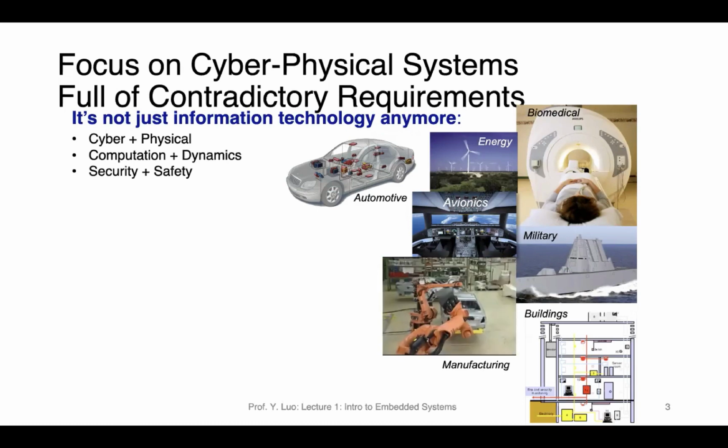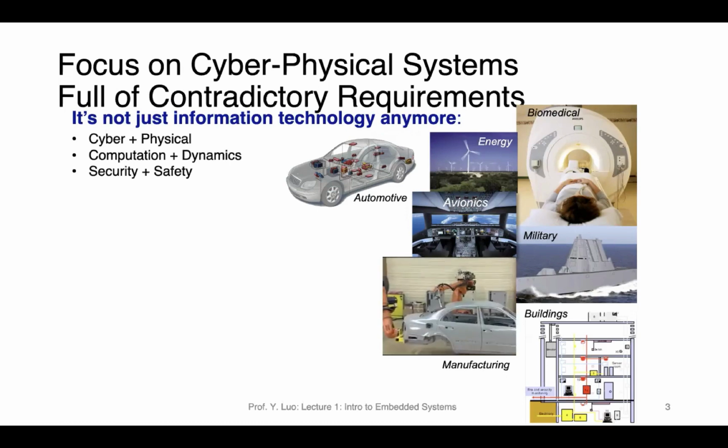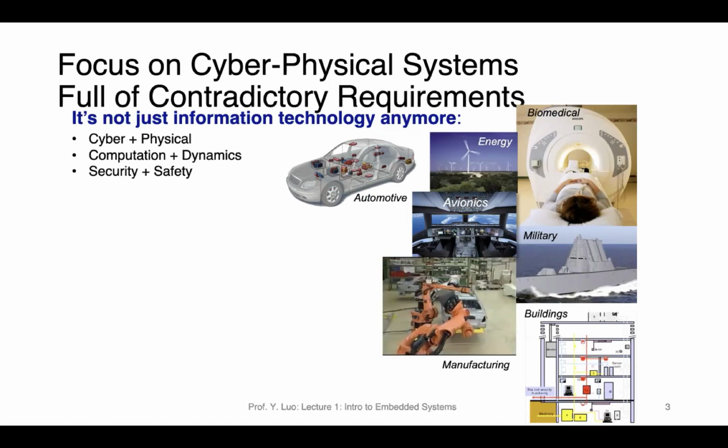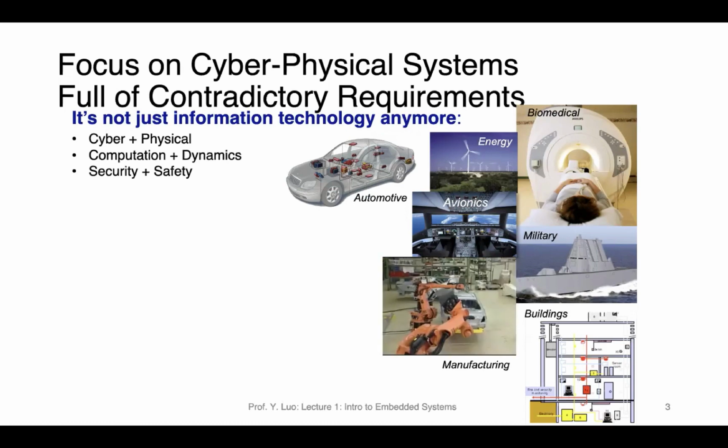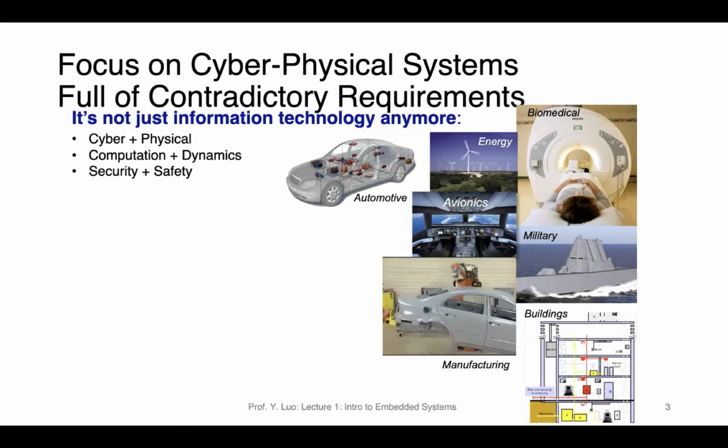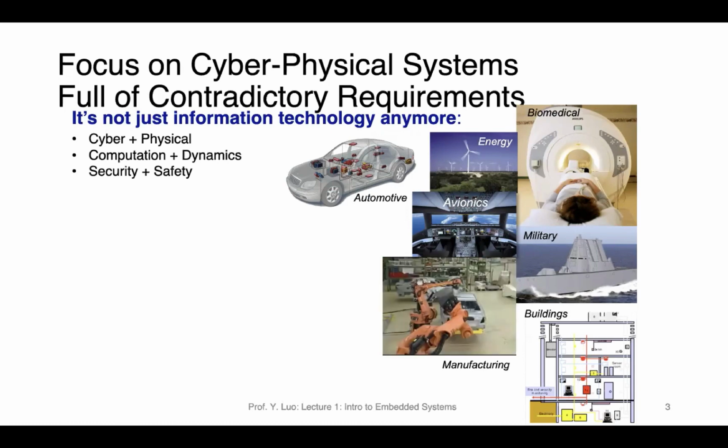But for buildings, the dynamics could be flipping the switch on or off, two states. And in these different application domains, there are different requirements on the security and safety of these systems, which requires us to design the system by considering different requirements and different capabilities.